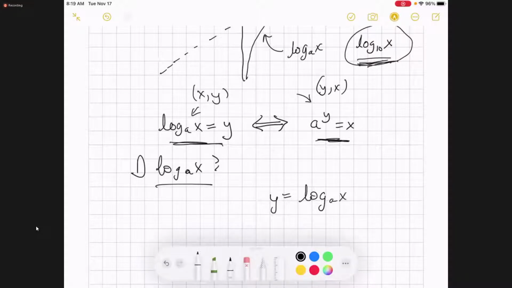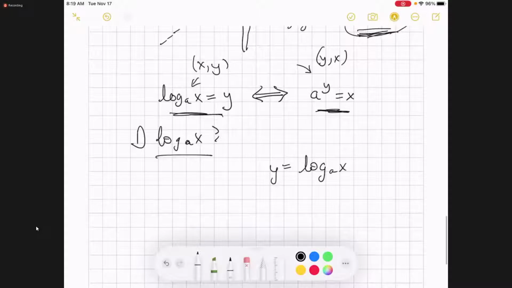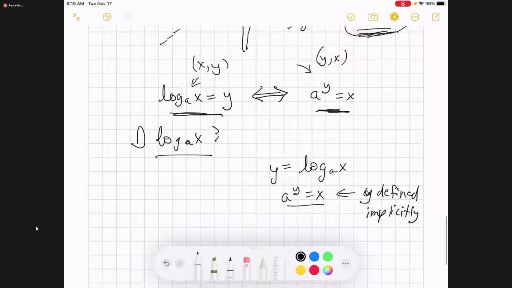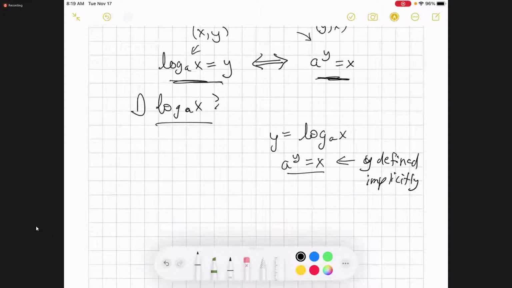It's a function of x. And then if I write a to the y is x, I've got y defined implicitly, and I can differentiate implicitly. The derivative of x with respect to x is 1.